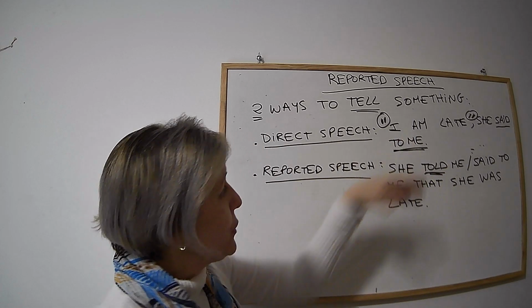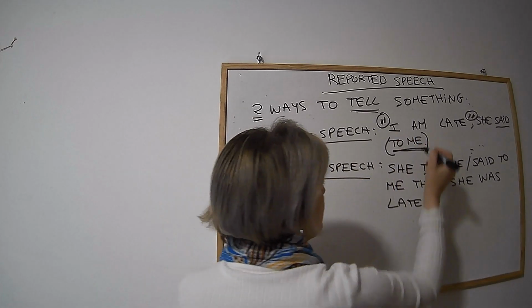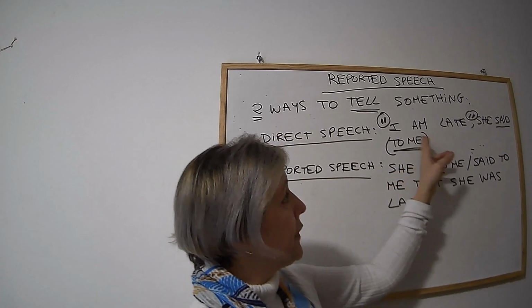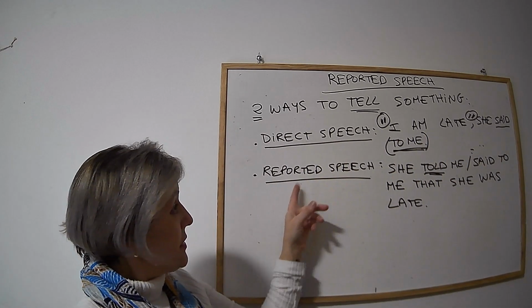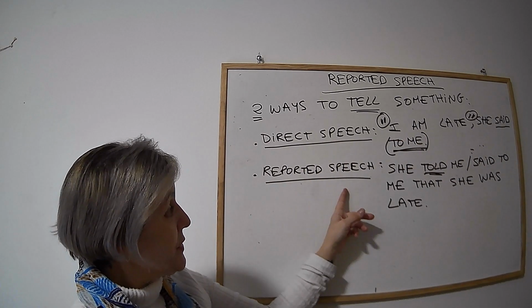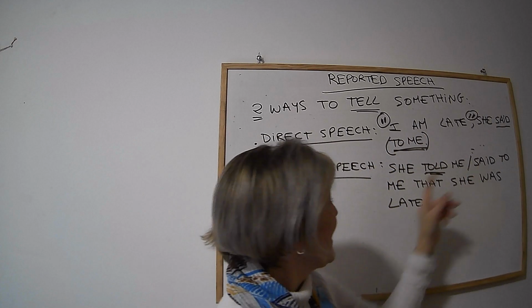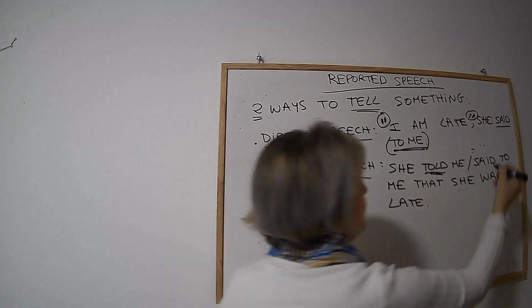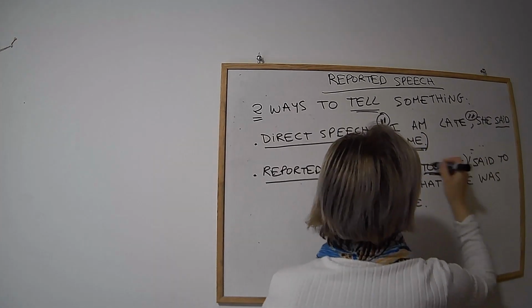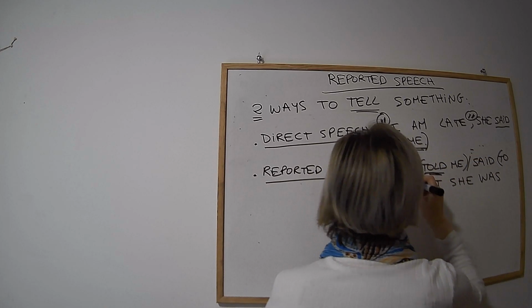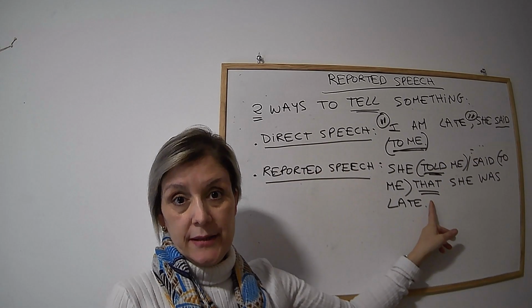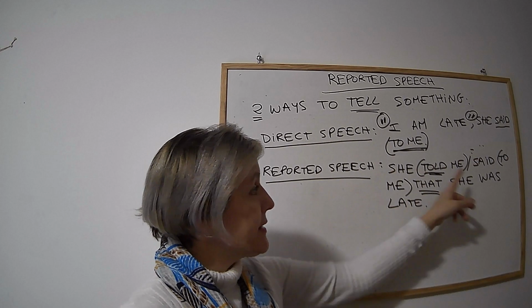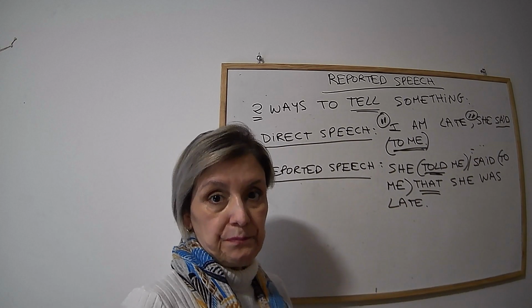But if we only have "I am late," she said, then we change this sentence into reported speech like: she said that. And we cannot omit that. She said that she was late.